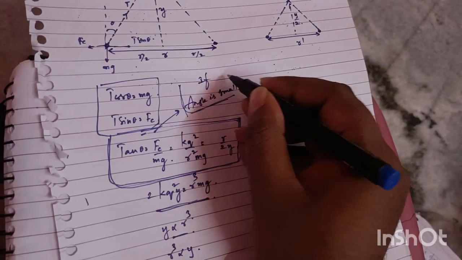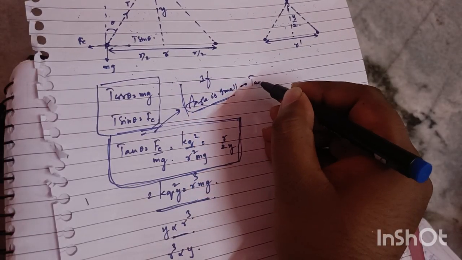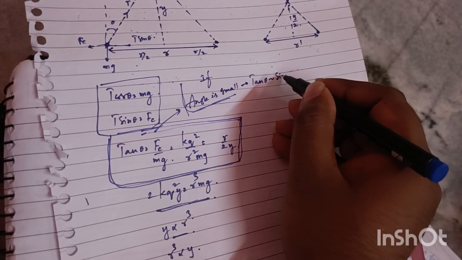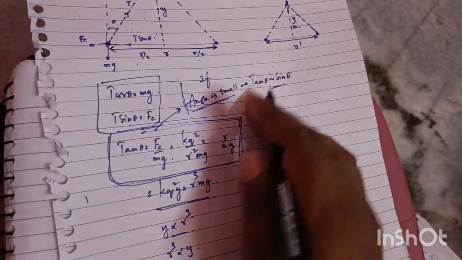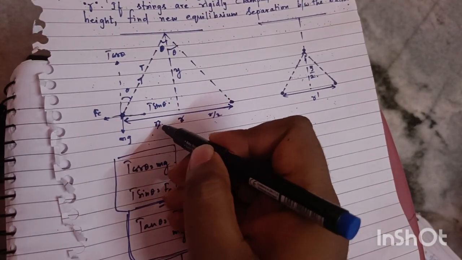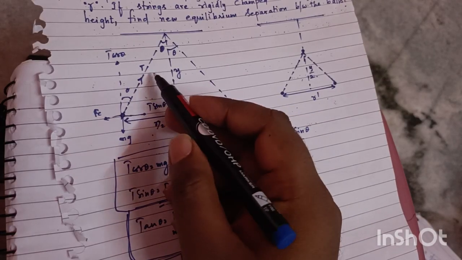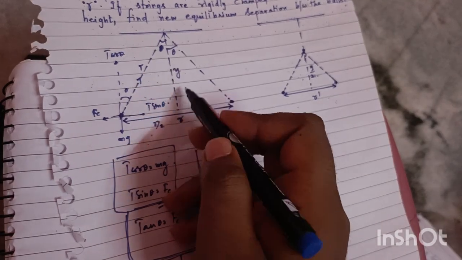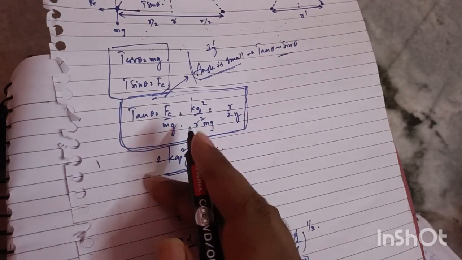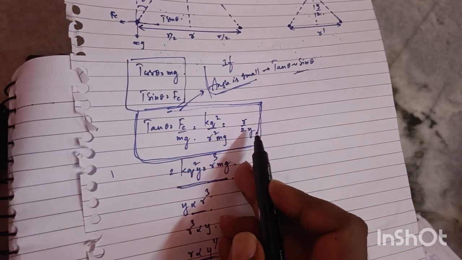If angle is small, then tan theta we can equate to sin theta. In that case we will have another relation between this separation and L, length of the string, but here we need this separation, so that's why I have taken tan theta as it is.